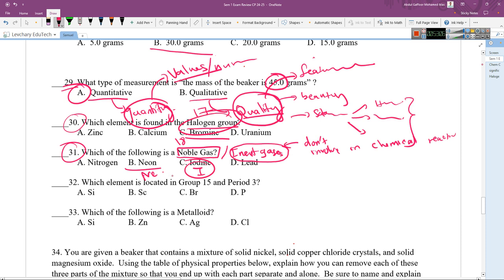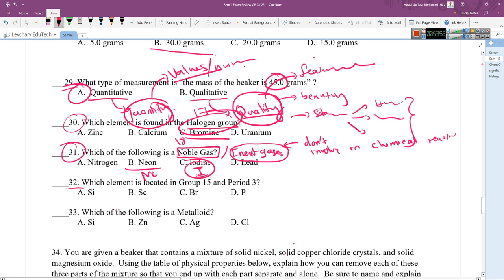So we have studied two special names that we give for the last two columns in the periodic table. Iodine is a halogen, and neon is a noble gas. And what about the 32nd one?